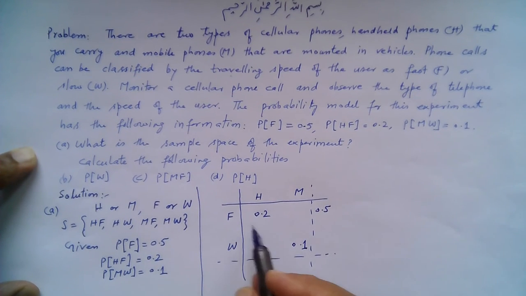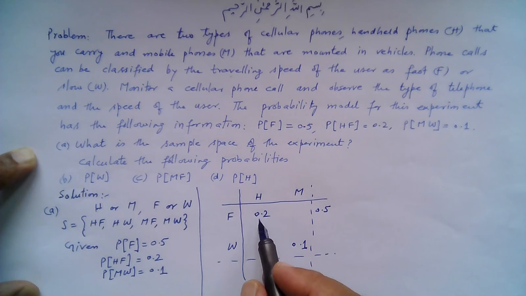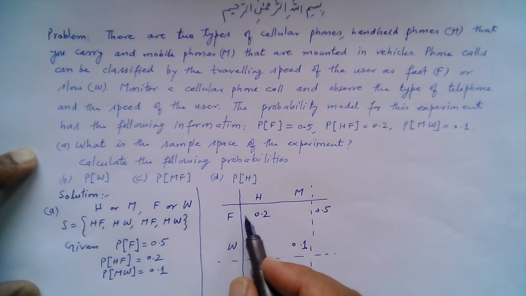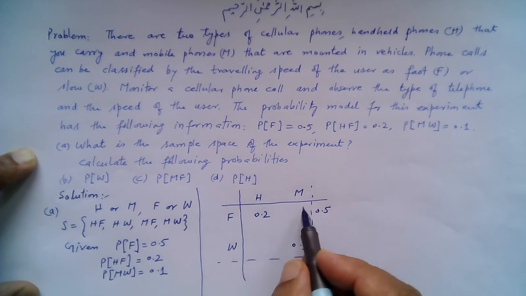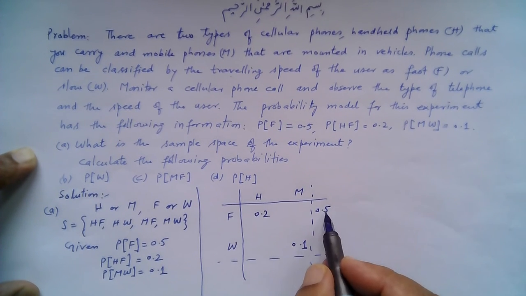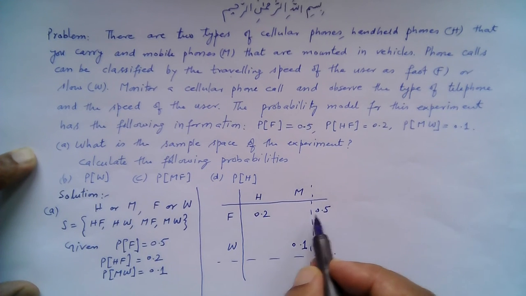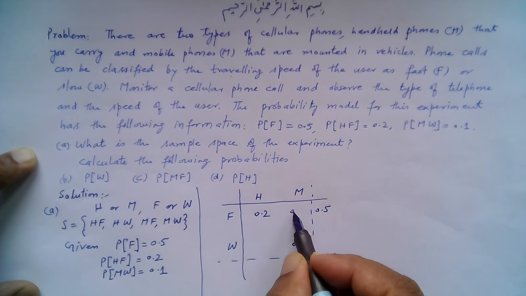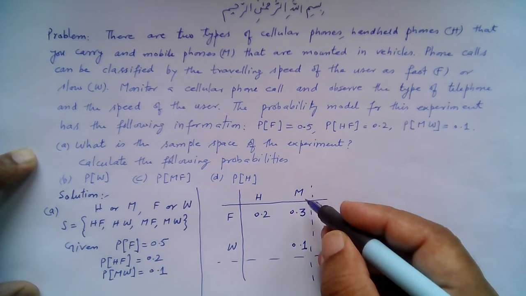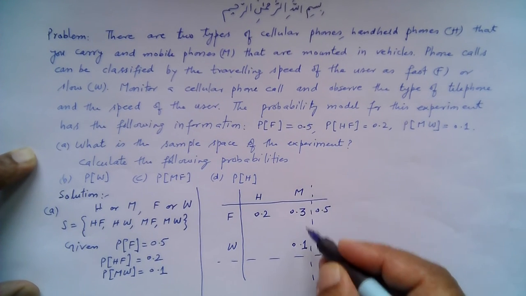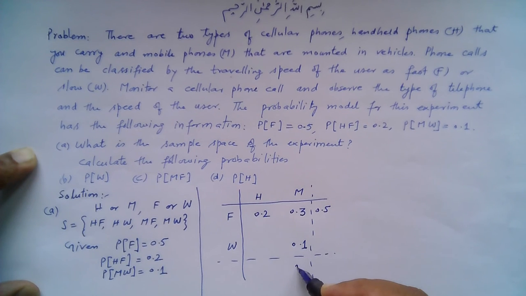Fast phone is 0.5, and probability of a handheld phone which is fast is 0.2. So the sum of these two probabilities here should be 0.5. So this is 0.5 and this is 0.2, so it means this should be 0.3, right? So probability of a mobile phone is 0.4 here.